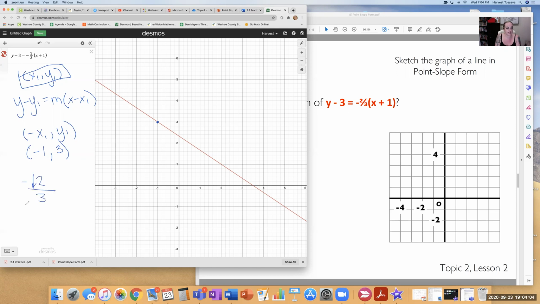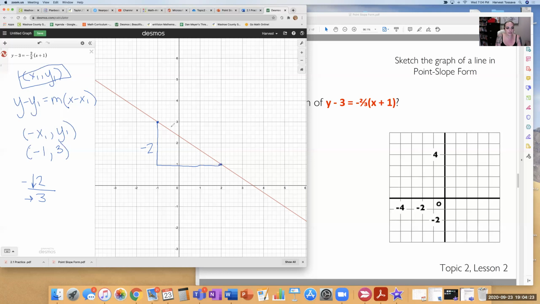The negative indicates down, the right is our positive to the right. So let's see, here's down 1, down 2, this is minus 2 for the slope, and then we're going over 3. 1, 2, 3, bam.